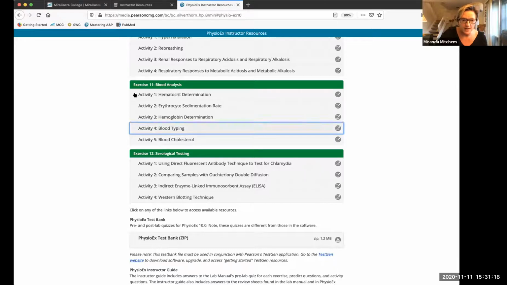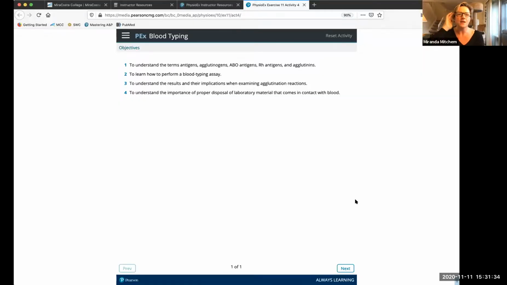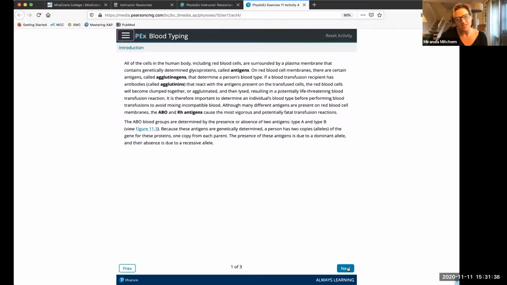It is in exercise 11, activity 4, the blood typing one. I'm going to reshare it because I want to make sure that it carries over to the opening of the activity. Sometimes it doesn't. Okay, so we've got our objectives. I'm going to just get to the questions. This is all written out in your lab exercise that was loaded up onto Canvas.